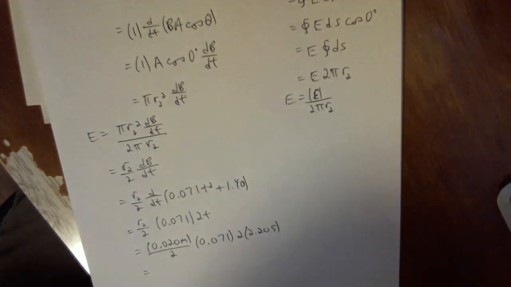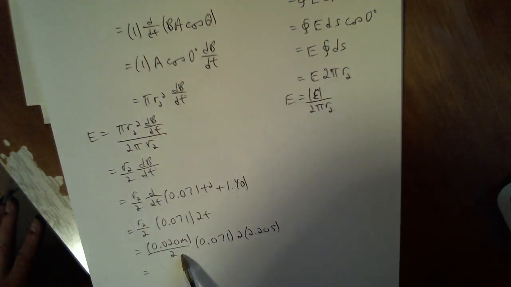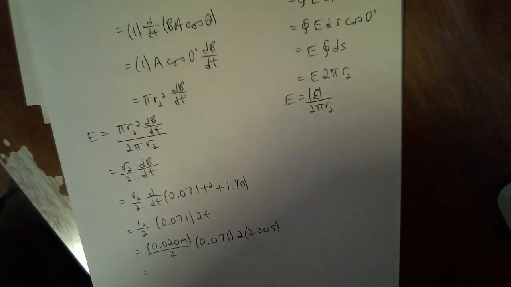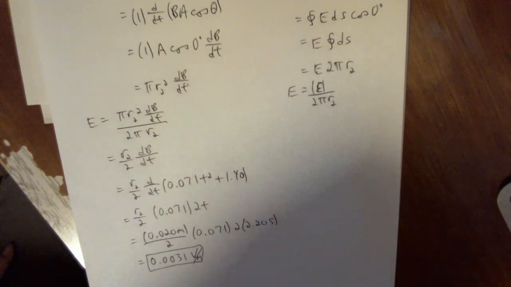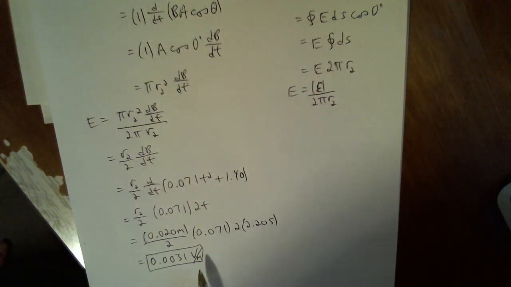And I get 2 divided by 2, that goes away. So 2 times 0.02 is 0.04. 0.04 times 0.07, I might as well put it into a calculator. And yes, you get 0.0031 volts per meter.